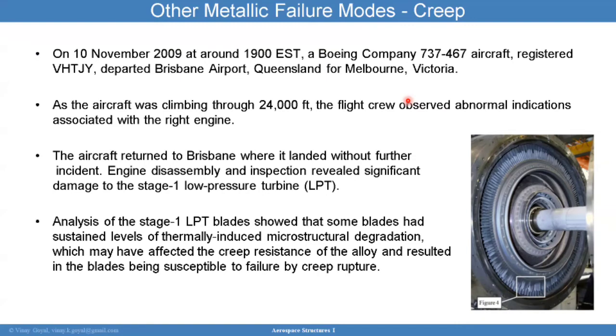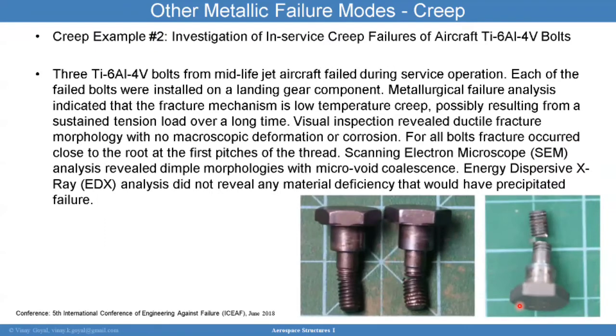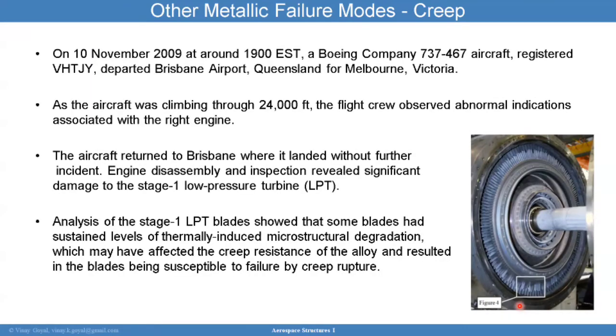When they disassembled and inspected the engine, looking at the stage 1 low pressure turbine, which has a bunch of blades, they found signs of thermally induced microstructural degradation. It could have been due to the creep resistance of the alloy, and it resulted in the blades being susceptible to failure by creep rupture.